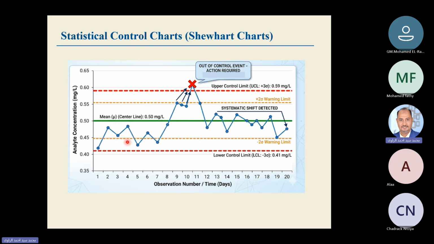If our results lie between these two action limits, or upper control limit and lower control limit, we say that our process is in control. If any point lies outside these control limits, we say that our process is out of control and needs to be corrected and we take a corrective action.